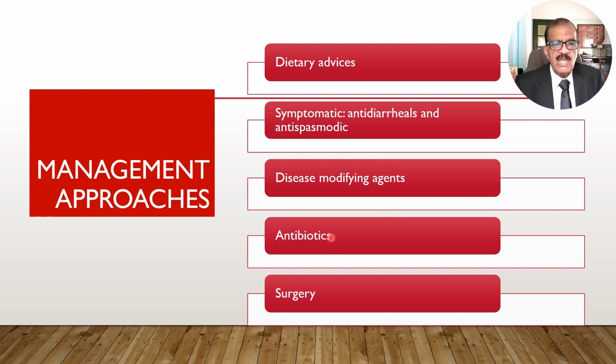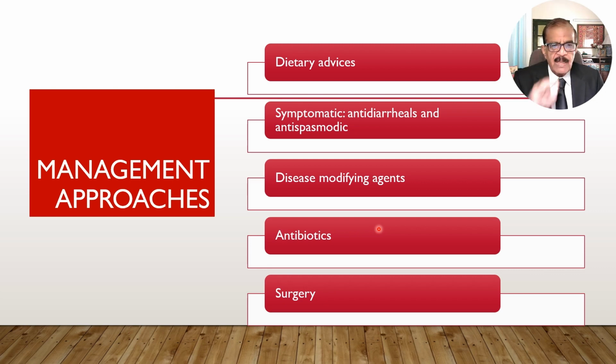And then we try to give some disease modifying agents. This will be discussed in the next lecture. There are certain conventional immunosuppressant drugs, immunomodulating drugs, and newer drugs which are more specific, particularly in Crohn's disease.